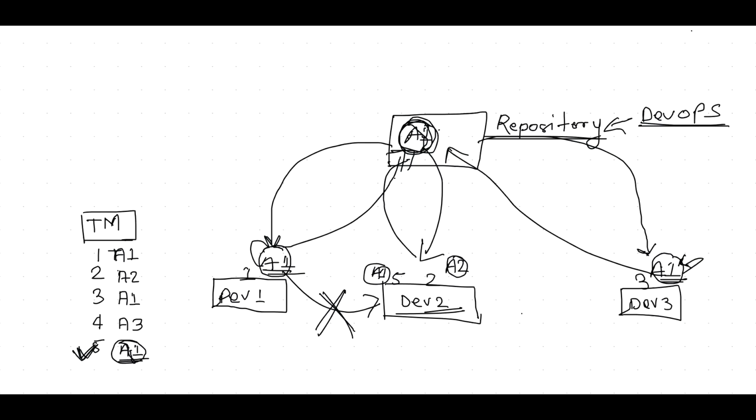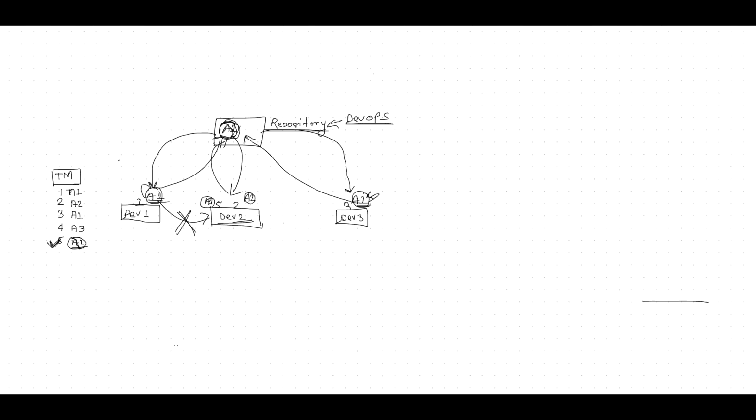As Ravi said, developer one and developer three are both assigned the A1 task. My doubt is, if developer one and developer two have completed the task related to A1, and at the same time they both push the code to the repository, there might be something missing, right?